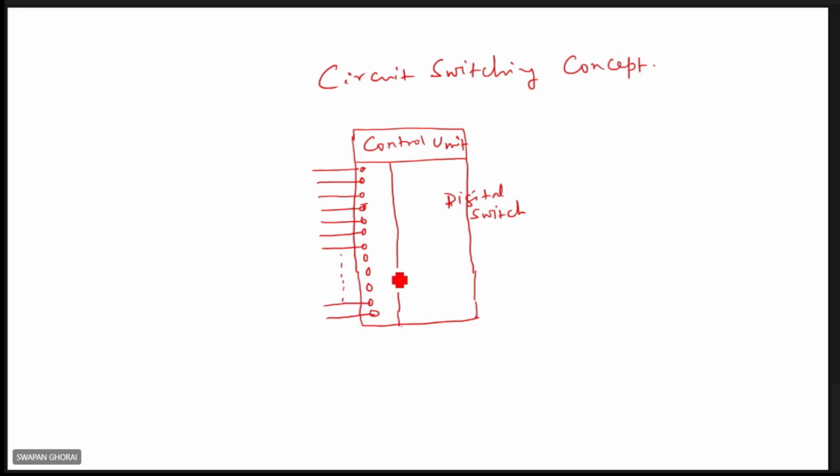This is the network interface, and you see how the path is established among the stations.